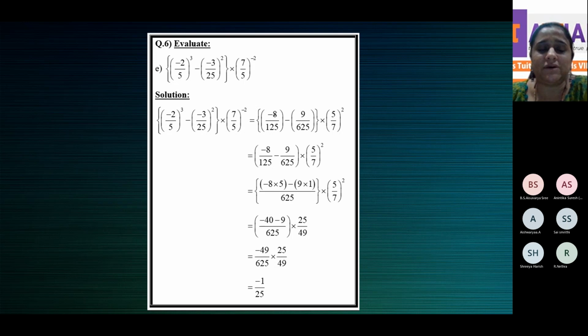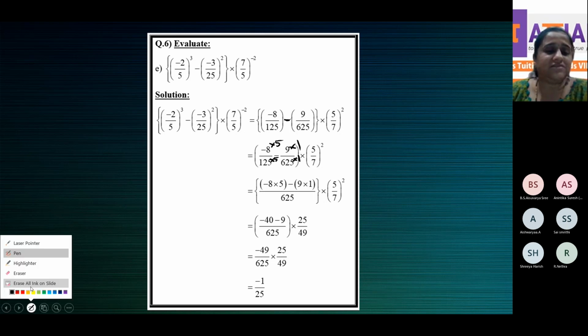Okay, so here it becomes minus 8 by 125. Open the bracket, minus 9 by 625 into 5 by 7 the whole square. Take up the LCM. So 125 into 5 is 625. So that means minus 8 into 5, minus 9 by 625 into 25 by 49.